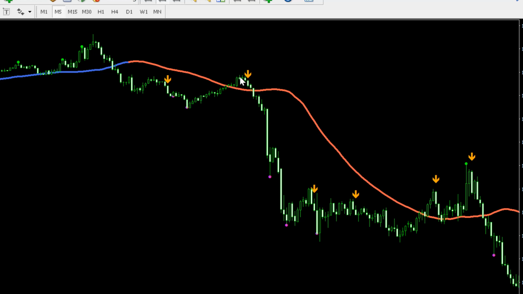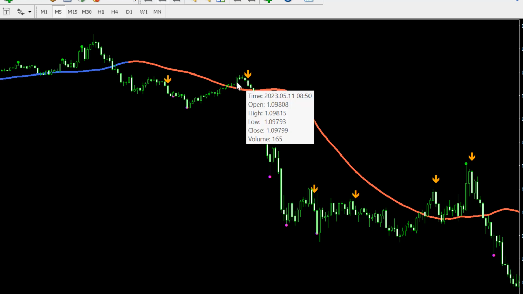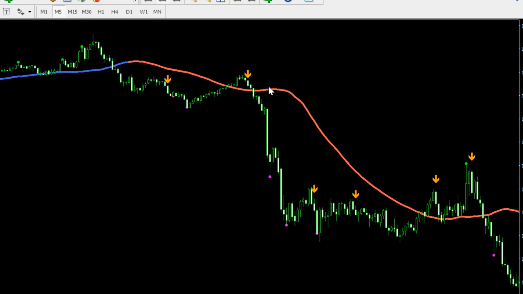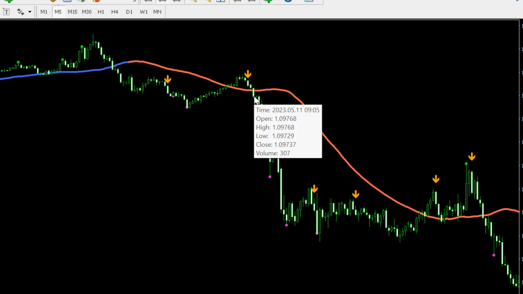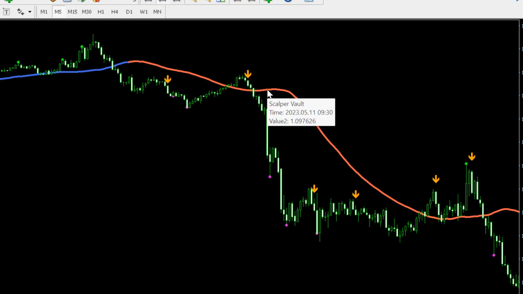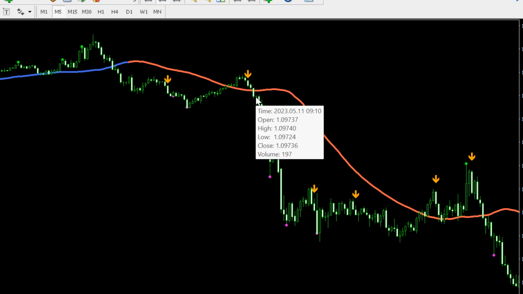Whenever the market price pulls back to the trend line and the signal appears above the downtrend line, I have to wait first for the market price to cross back and close below the trend line. So in this scenario, this candle will be my entry.